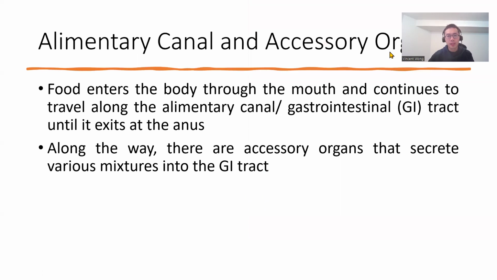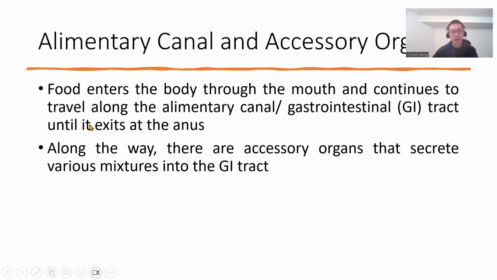As I told you earlier, the digestive system has two major divisions, if you would. There is the alimentary canal, also known as the gastrointestinal or GI tract. It starts in the mouth, goes through all the structures that we labeled before the break, and exits through the anus.